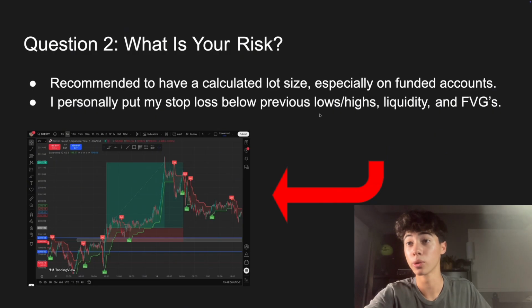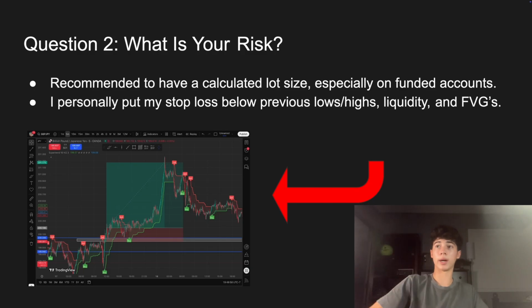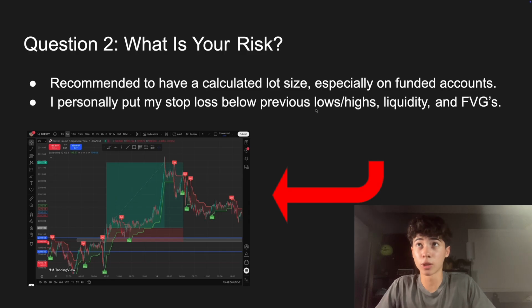The blue line above it is a previous area of liquidity. Price tapped into that. I put my stop loss a little below liquidity or just at the bottom of the fair value gap. Price ended up coming back down, entered as it tapped into the fair value gap, and then I set my take profit accordingly. That ends question number 2.